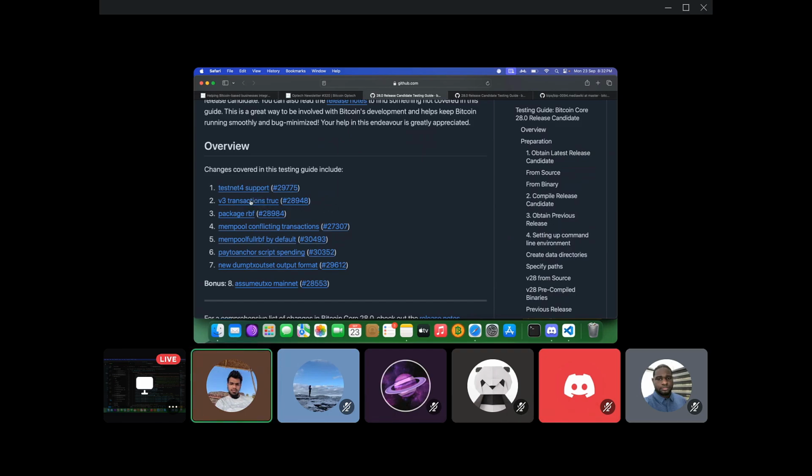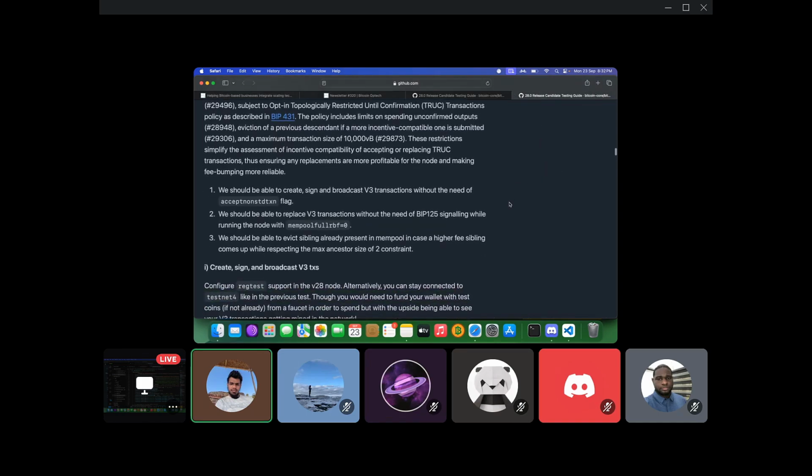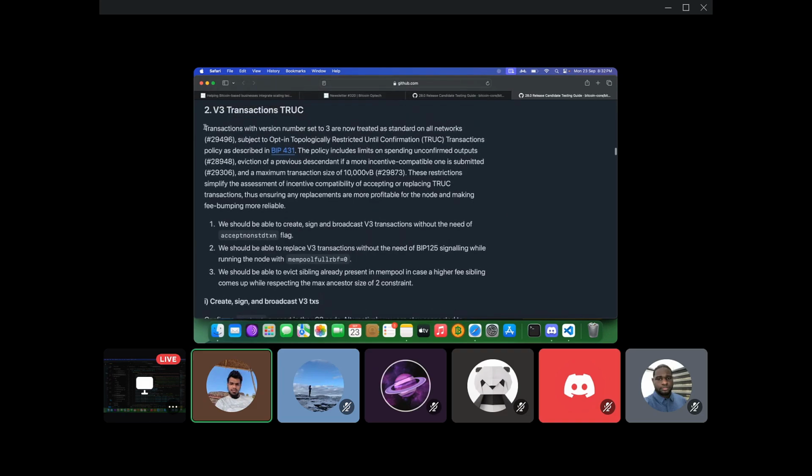Let us briefly go through what these transactions are, what their attributes are, and what they bring for Bitcoin users. Transactions with version number set to 3 are now treated as standard on all networks. Up till now, we had transactions with version number 1 and version number 2, which were treated as standard transactions on the Bitcoin network.